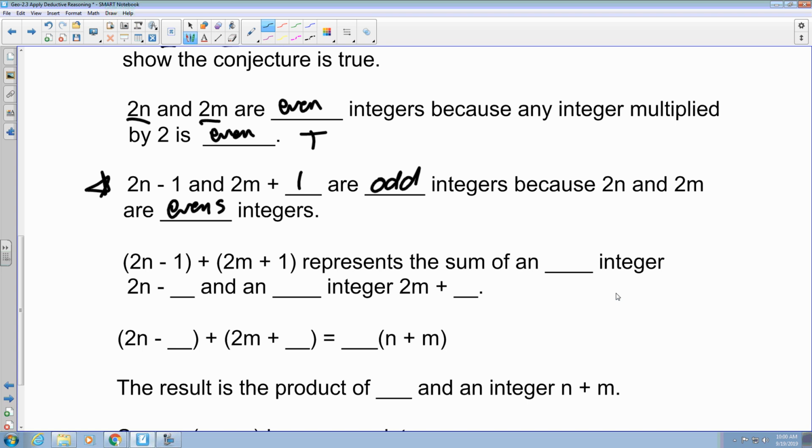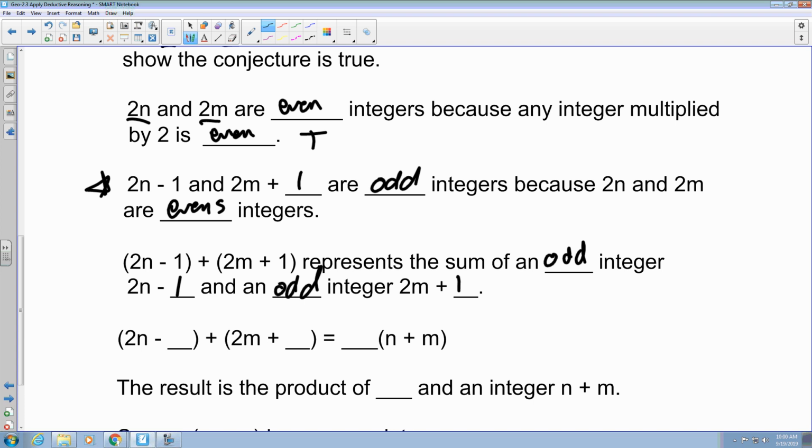So here it says if we go 2n minus 1 plus the quantity of 2m plus 1 represents the sum of an odd integer, but now if you had 2n minus 1 and an odd integer, 2n, 2m plus 1.